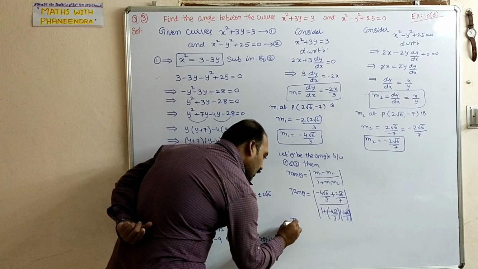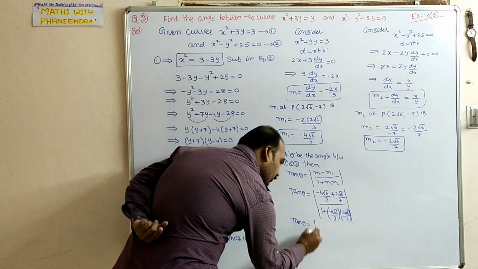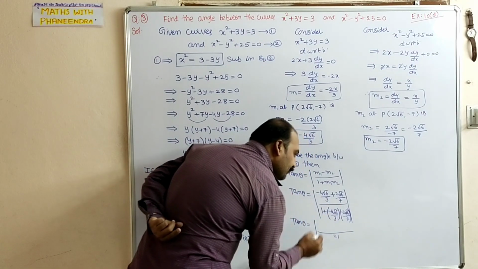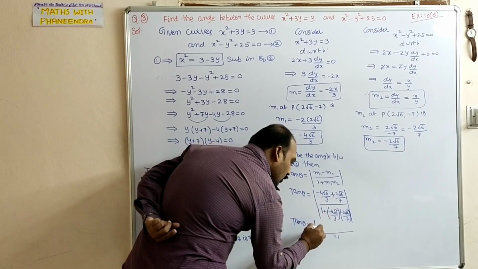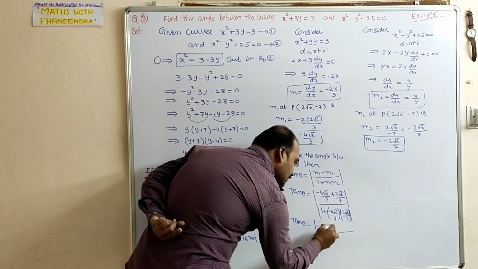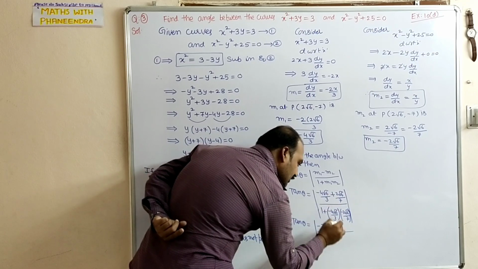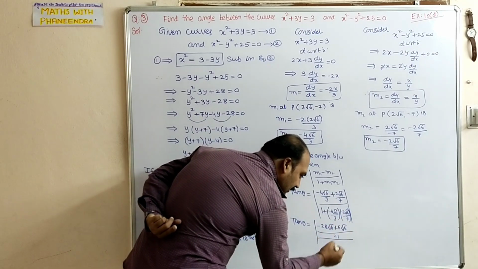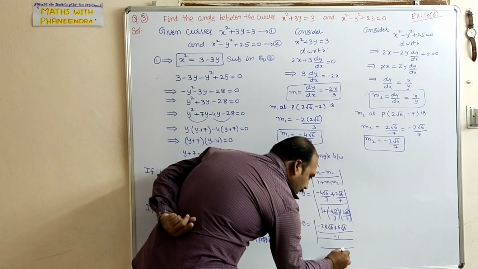So tan theta equals, in the numerator we take the LCM as 21. 3 sevens is 7 into 4, 28, minus 28 root 6 plus 7 3 is 3 2 is 6, 6 root 6, divided by, even in the denominator the LCM is also 21.